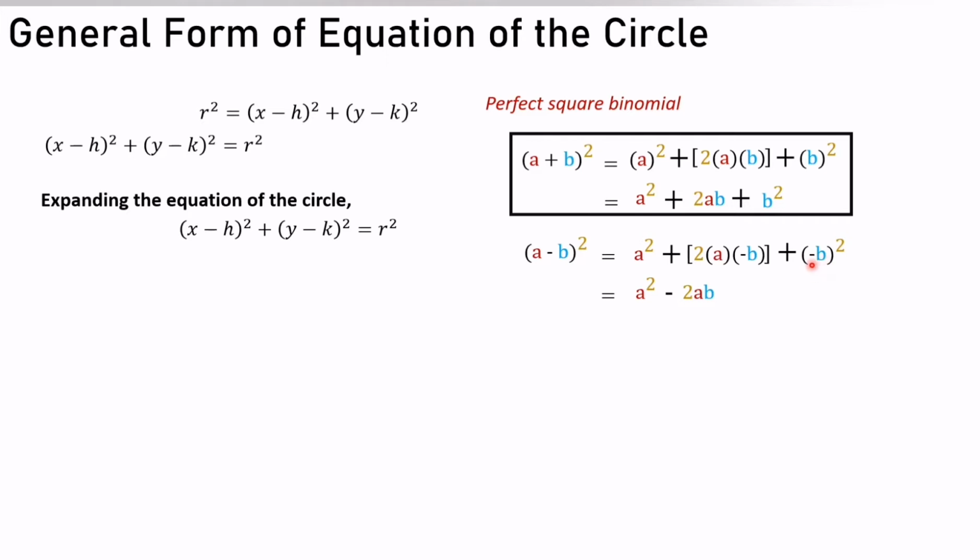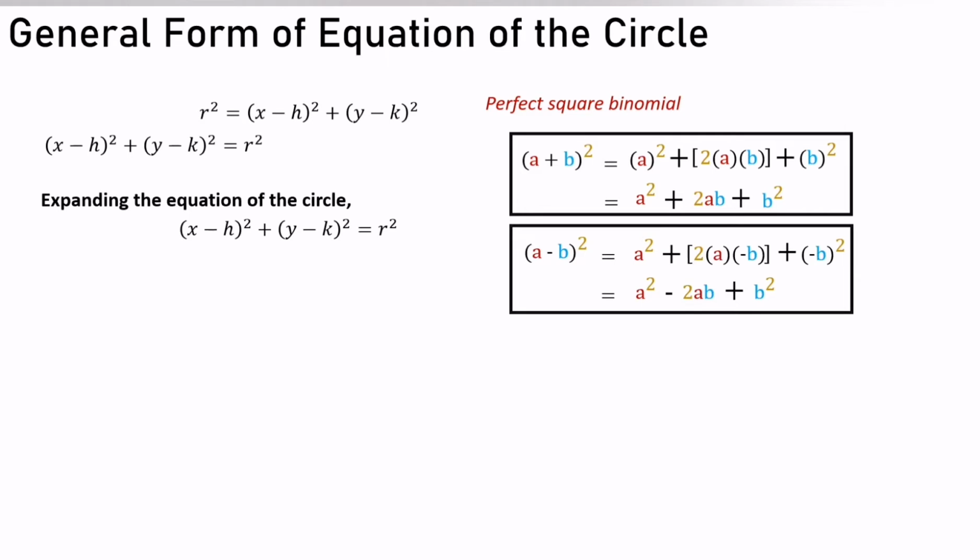The square of a negative number is just a positive number, so that becomes plus b squared. We will be using this one. Remember that if you have (a minus b) squared, to expand that, you just write the square of the first term, a squared, minus twice the product of your first term and second term, 2ab, plus the square of your second term, b squared.